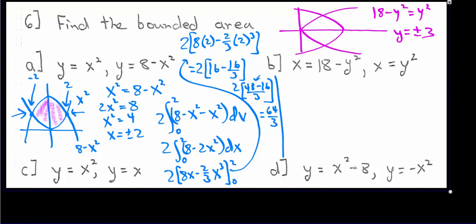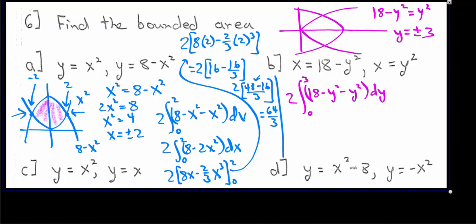Now I need to set up my integral. I take the rightmost function minus the left. It looks like there's some symmetry here, so I'm just going to go 2 times 0 to 3.